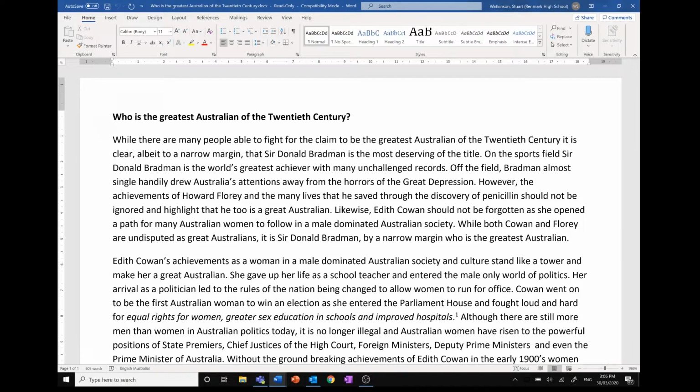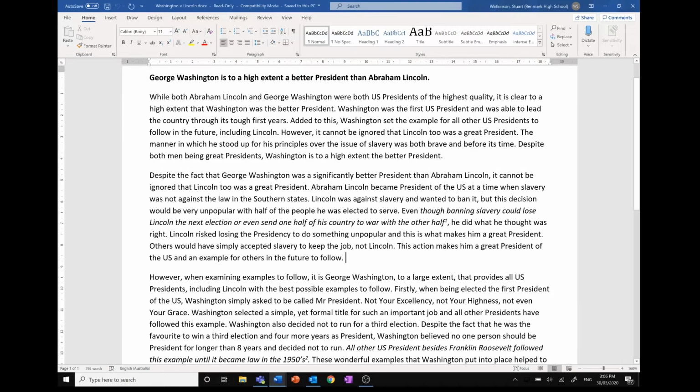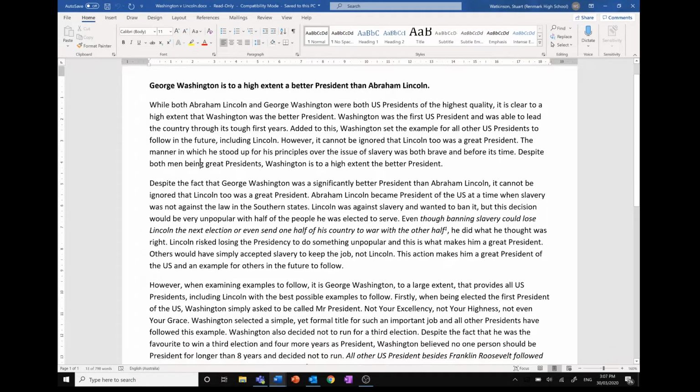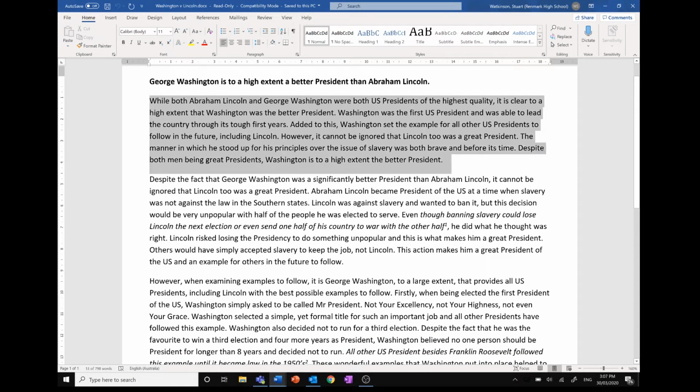All right. Now, the other example I have is one that is comparative between two. So George Washington is to a high extent a better president than Abraham Lincoln. Now, this is a clunky question, okay? However, they break it down pretty simply.